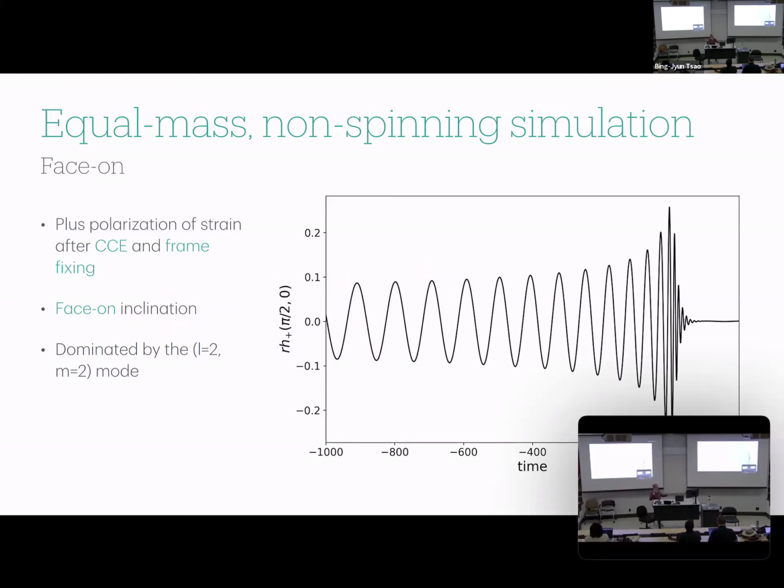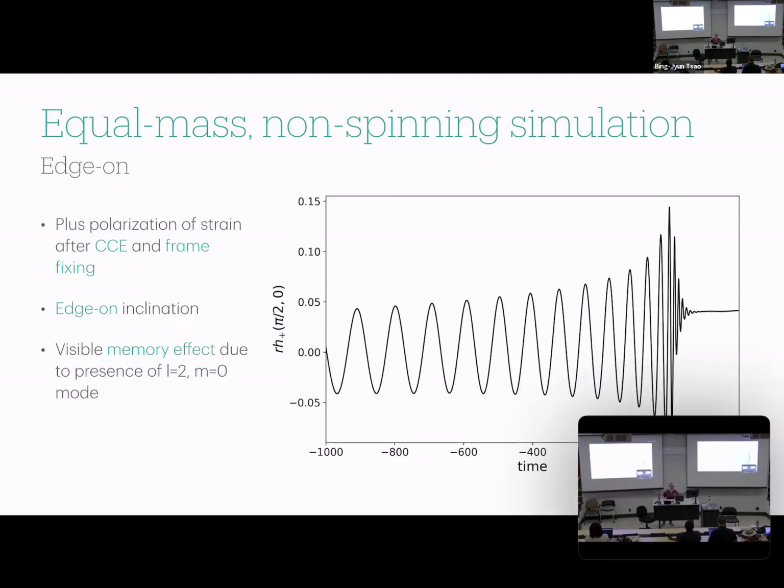But where it gets interesting is now let's look at an edge-on inclination. And suddenly we see this thing that we don't usually get, which is the memory effect. So this is something that I expect most of you have heard of, but maybe not everybody. We often think of just the oscillating waveform that then comes back to 0.